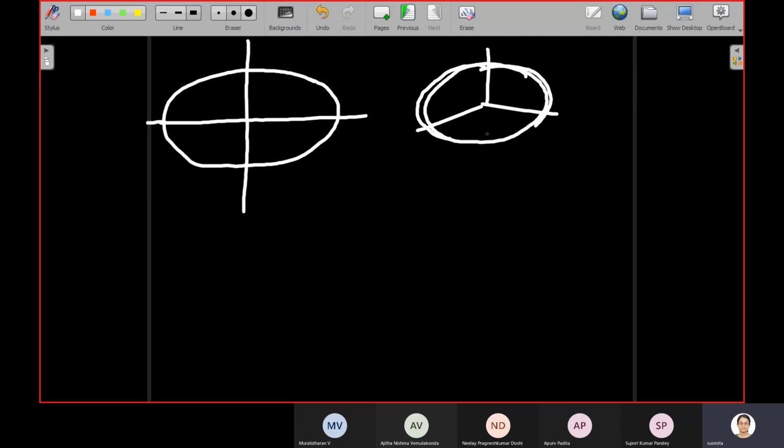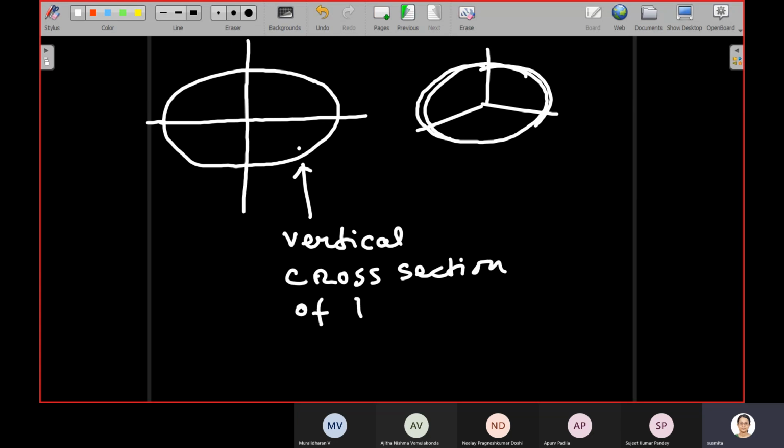The reference ellipsoid. Any vertical cross section of that ellipsoid is an ellipse like this. So we can think of this as a vertical cross section of the ellipsoid.